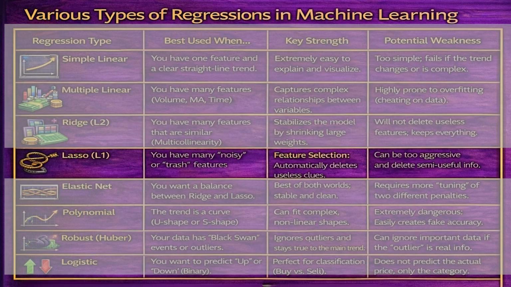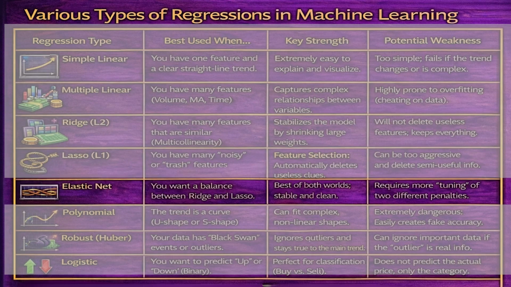Lasso uses an L1 penalty, and this is special. It can push some coefficients to exactly 0. That means Lasso performs automatic feature selection. Lasso equals shrink plus delete irrelevant. ElasticNet combines ridge and lasso. It's great when you have many features, many are correlated, and you still want feature selection but not too harsh.